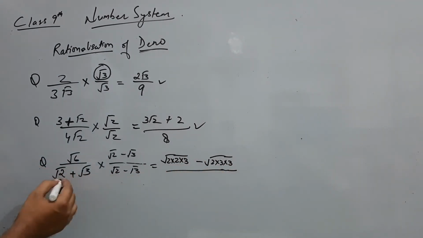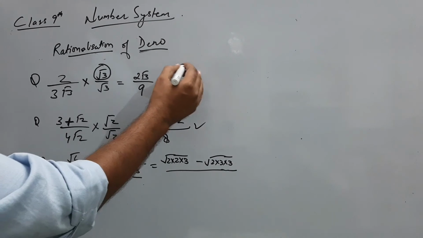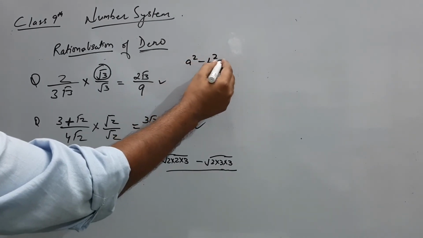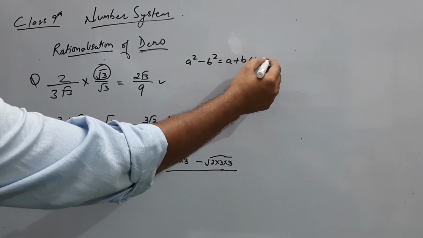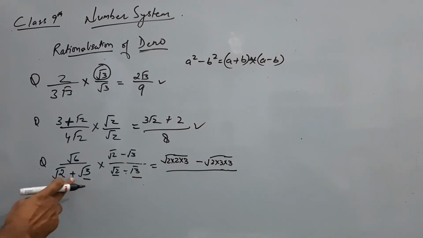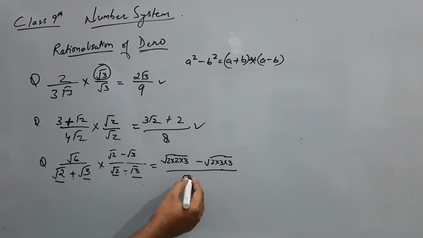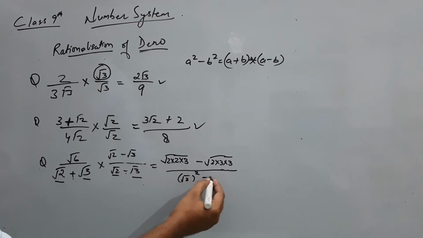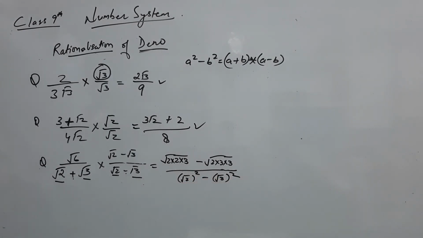So now let us see a plus b, a minus b. I told you already what the formula is. A square minus b square is a plus b into a minus b. So a plus b, a minus b, the formula is a square minus b square.